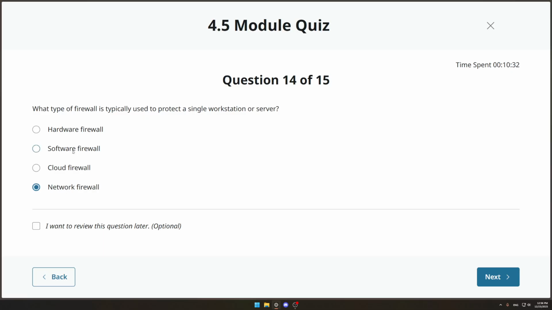Probably a software firewall, network firewall. Probably a software firewall. We'll go ahead and review that, because it says workstation or server, and I know that most servers run Nginx, which has its own built-in firewall.